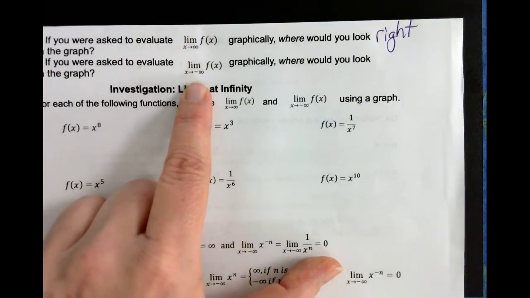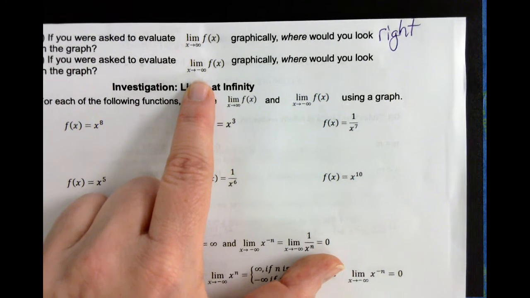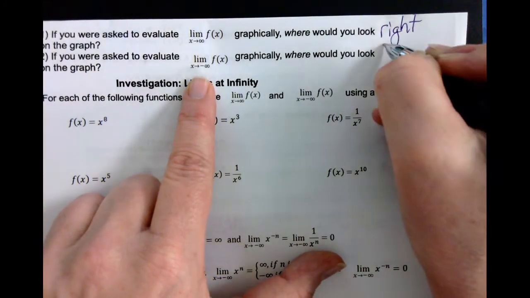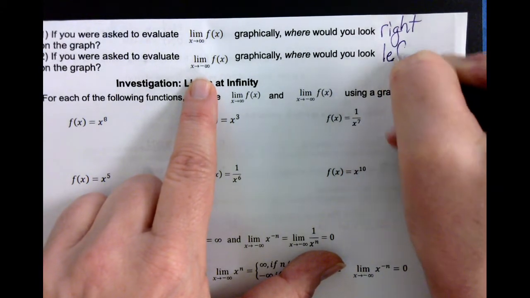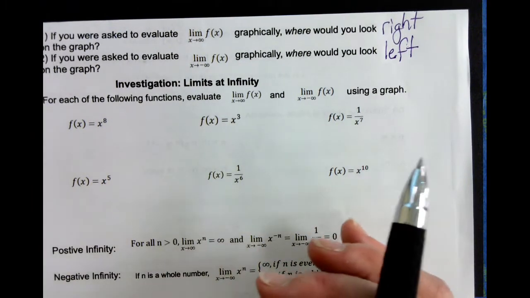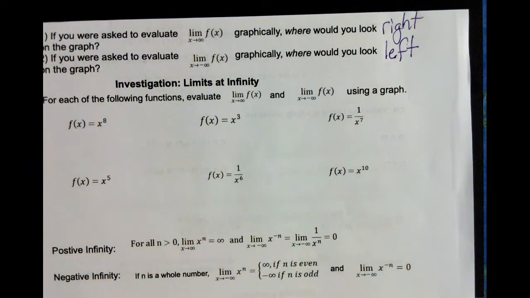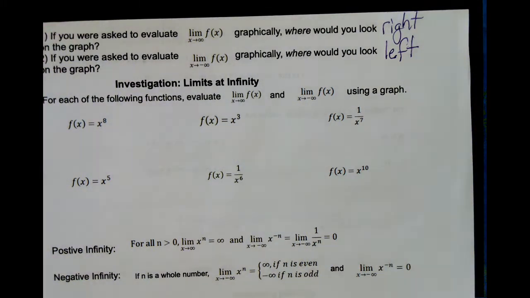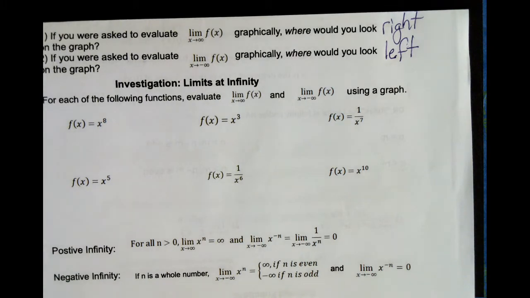And the limit as x approaches negative infinity, which is where we look to the left. Very good. Nice. Okay, so let's talk about some situations as x approaches infinity and negative infinity.